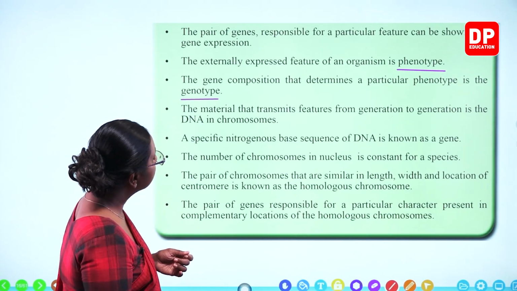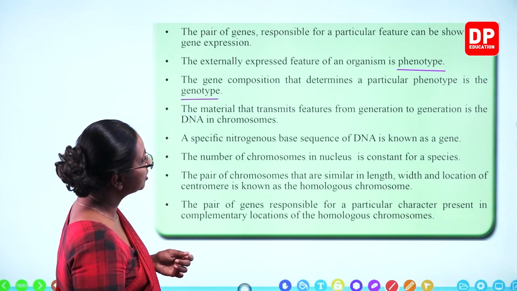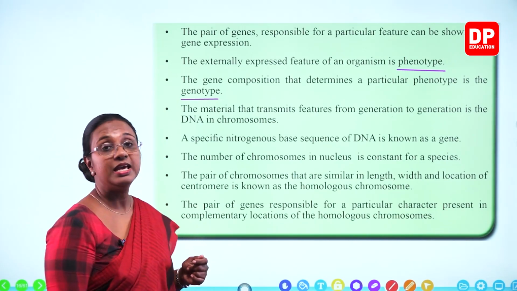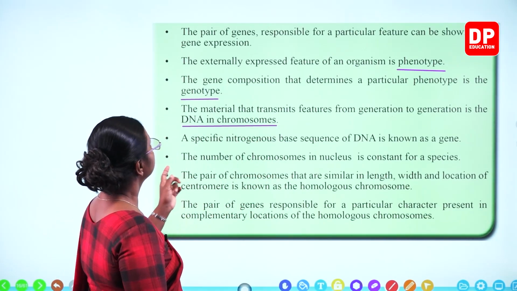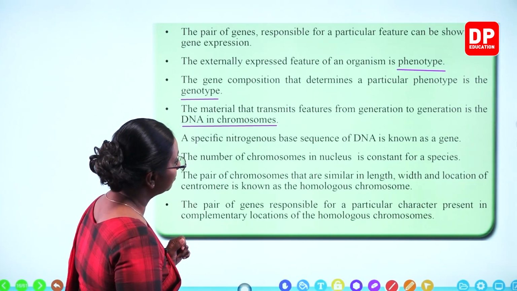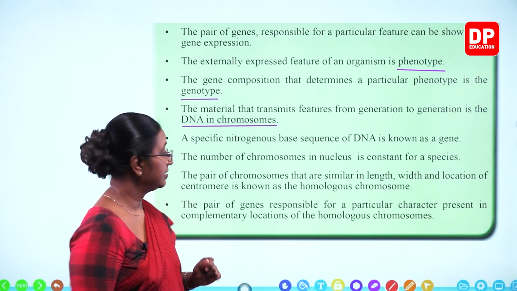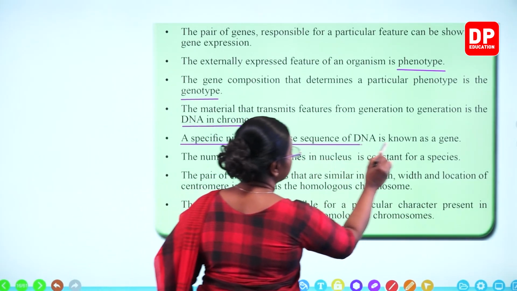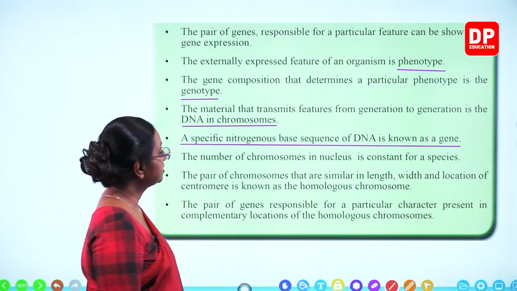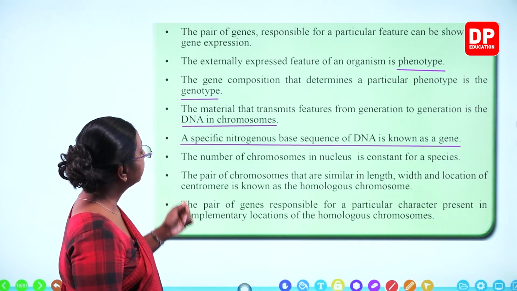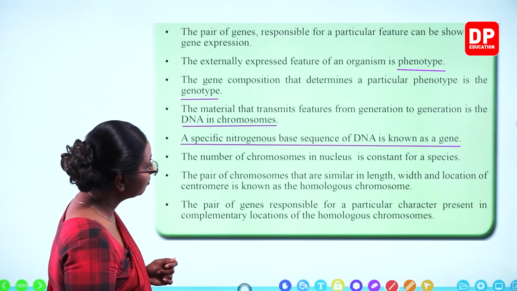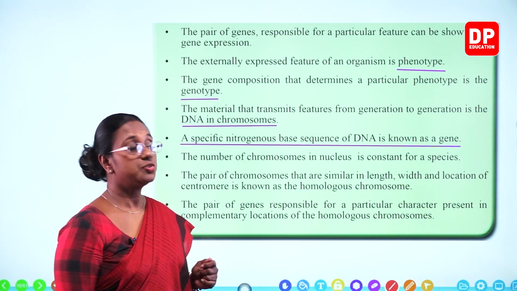The material that transmits features from generation to generation is the DNA in chromosome. A specific nitrogenous base sequence of DNA is known as genes. That is important. A specific nitrogenous base sequence of DNA is known as a gene. And the number of chromosomes in nucleus is constant for a species.